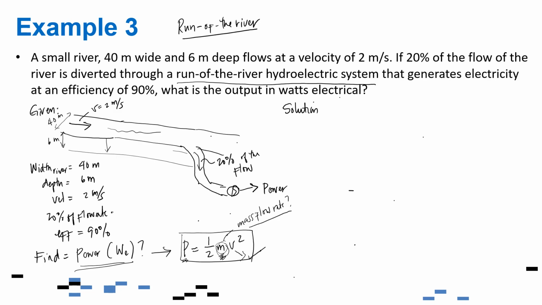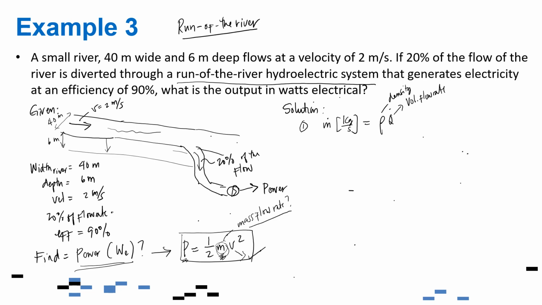So the first step is to know the mass flow rate of the system, in terms of kilograms per second. In this case, we have rho Q. Q is the volume flow rate, as I mentioned earlier, and rho is the density of water, which is 1,000 kilograms per cubic meter.